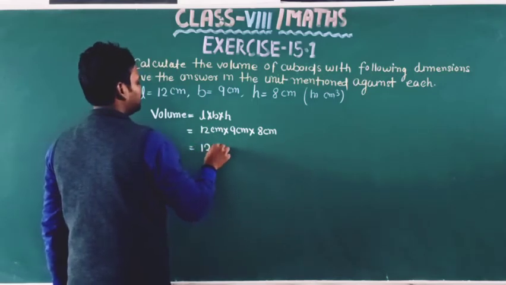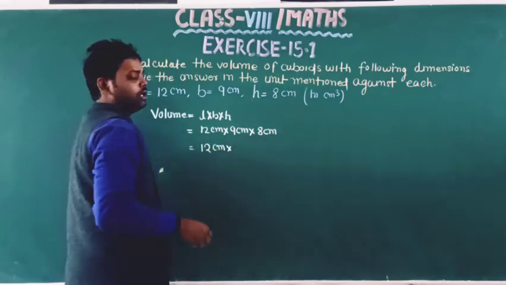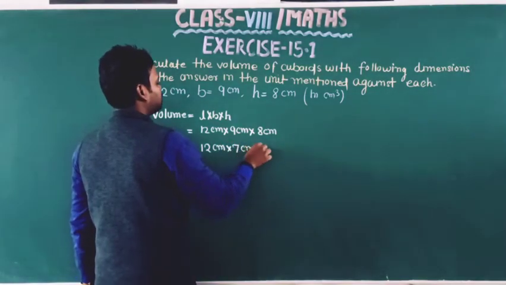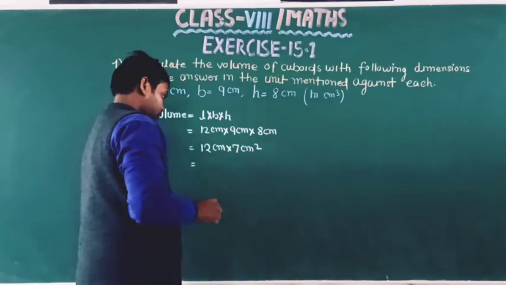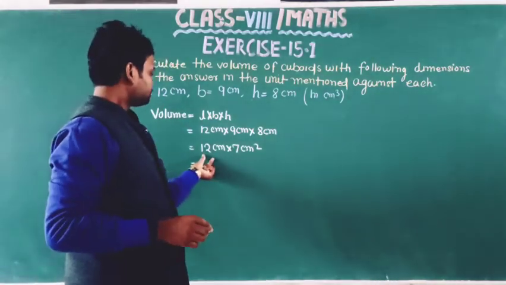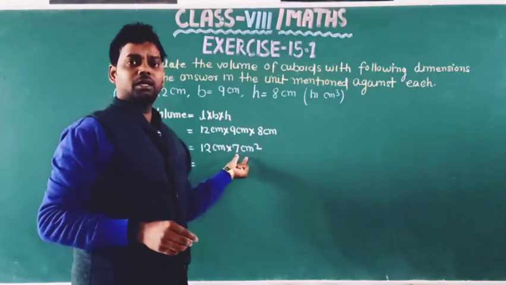12 centimeter into product of 9 into 8, that is 72 centimeter square. Now multiply 12 centimeter by 72.